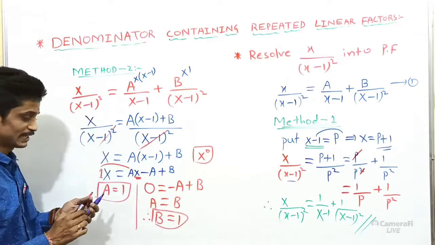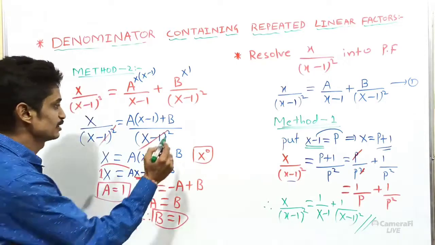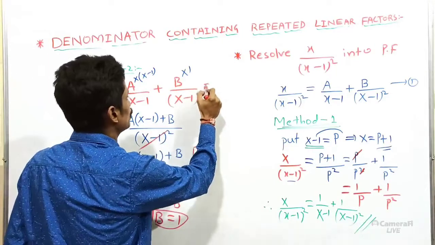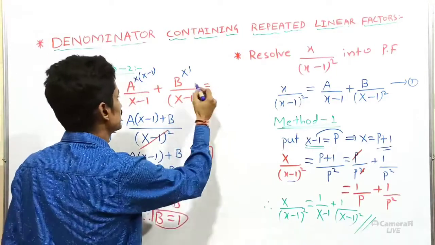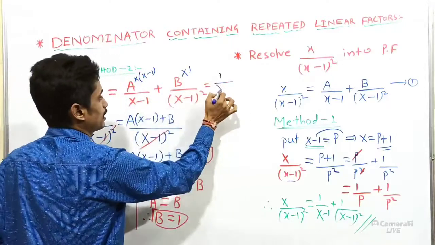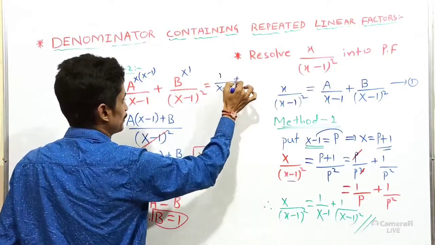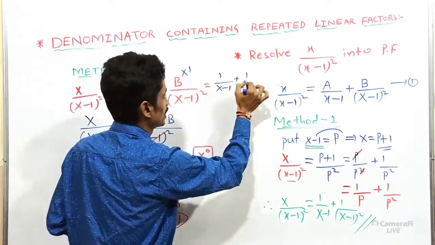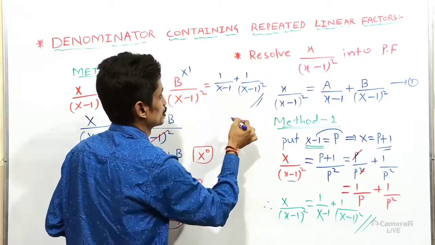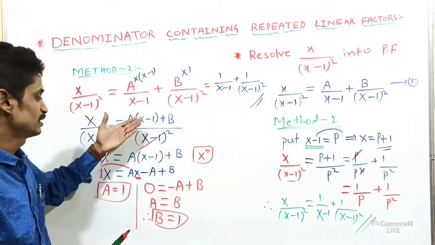After that, I will write here my result. This part equal to a value I got 1, 1 upon x minus 1 plus b value also I got 1, that is 1 divided by x minus 1 whole square. Got it? Method number 2.